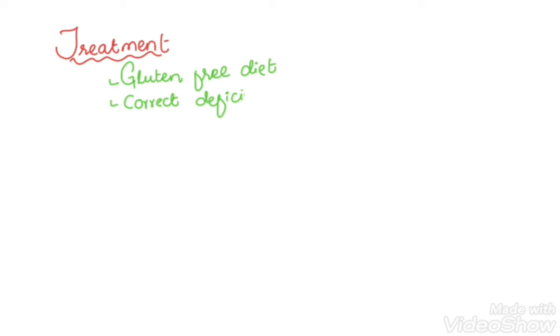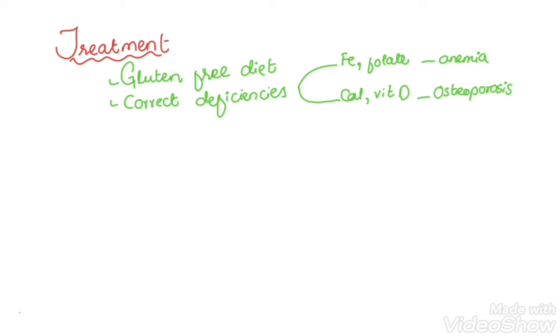To treat the patient, we simply put him on a gluten-free diet, and we highlight all the foods that contain gluten and tell him to refrain from it. In many patients, even the blunting of villi gets reversed after a gluten-free diet. Along with it, we correct his deficiencies, give him iron and folate for anemia, and calcium and vitamin D for osteoporosis.